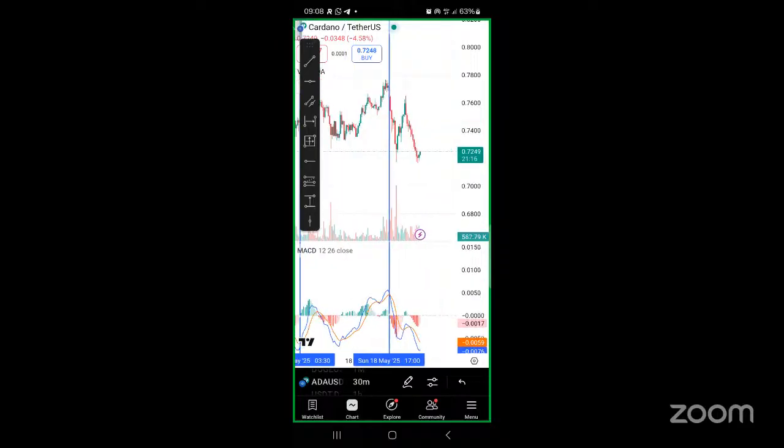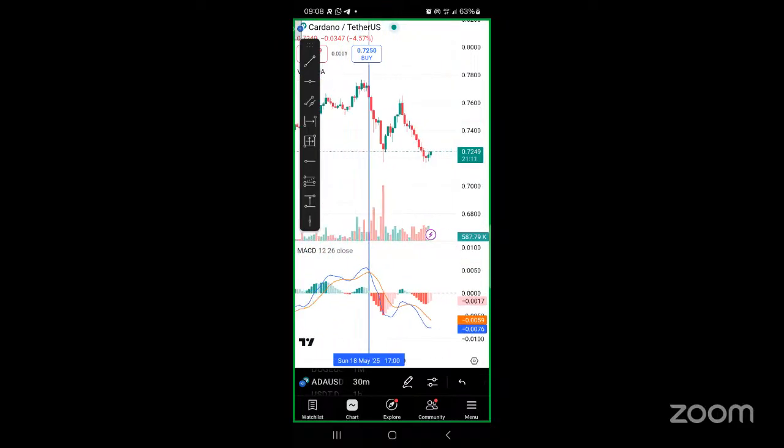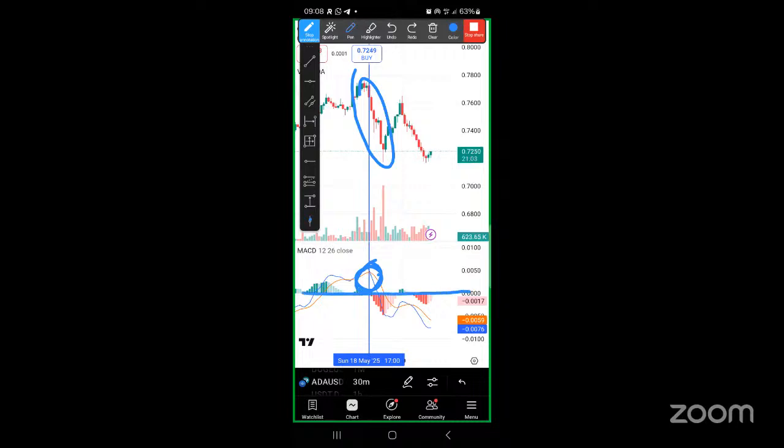Let us again look. You notice that this particular death cross happened above the zero line. This is the zero line.